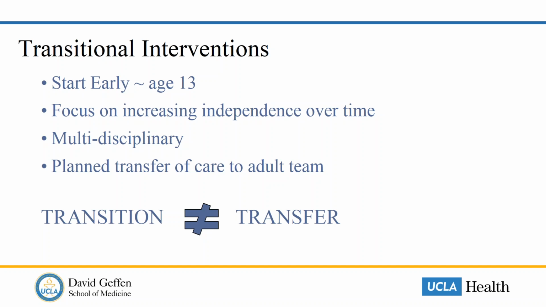And then a planned transfer of care to the adult team with a formal handoff. One of the things that people often get confused about, particularly if you're starting transition as early as age 13, is that transition is the process of educating and developing skills, whereas transfer is the actual handoff to the adult side, which are two different entities and processes.